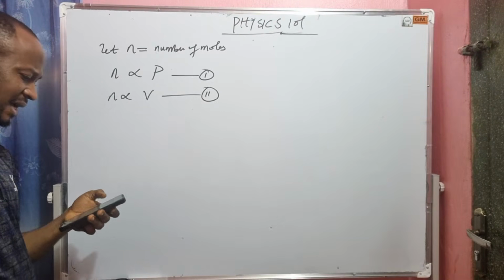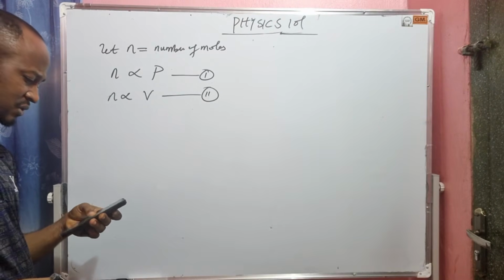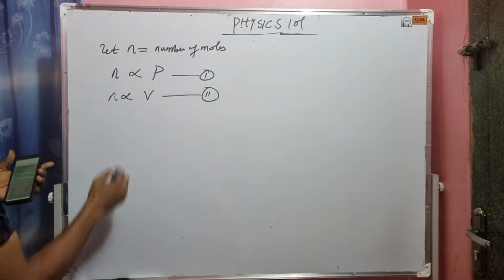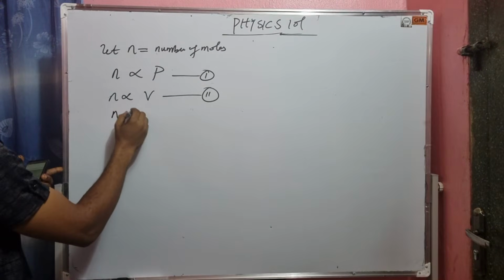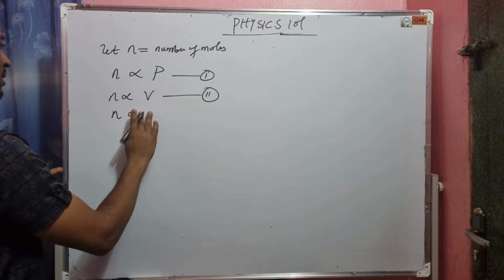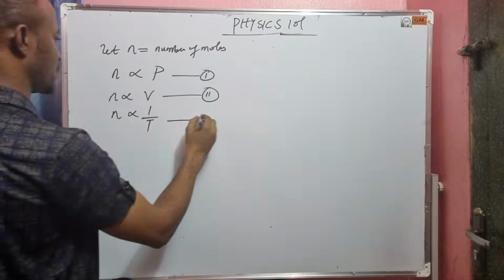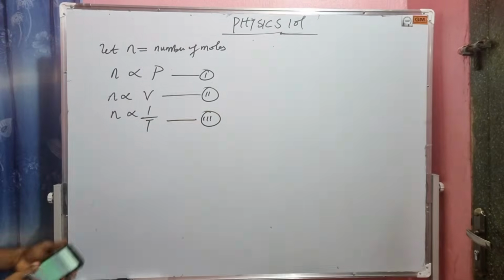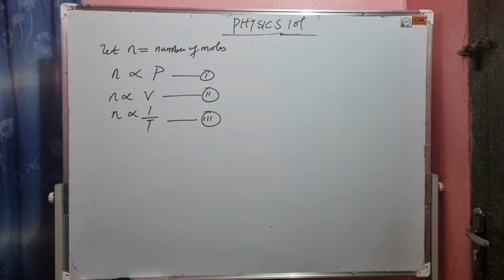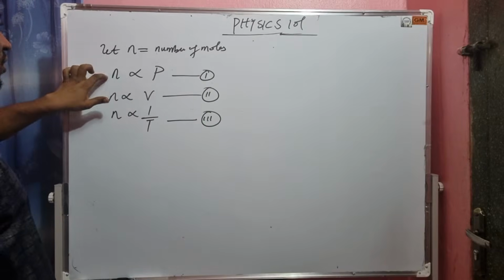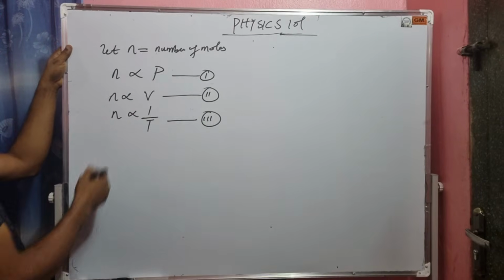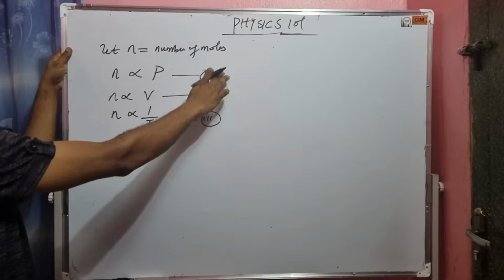And we are told that it is inversely proportional to temperature. The number of moles is inversely proportional to temperature, 1 over T. This is equation 3. Then we have to find the dimension of the number of moles. So all we need to do is to combine the three equations.